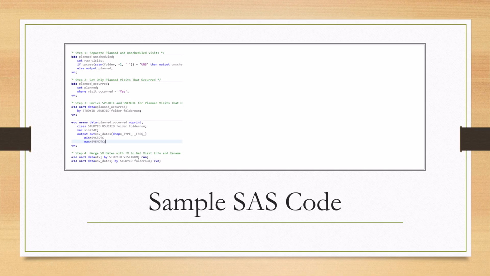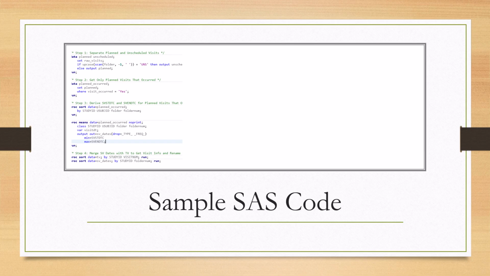Generating the SV dataset involves a few steps which we might need to consider. I would like to reiterate that the raw underscore visits dataset which I'm using in my SAS code has all the information of all the dates and visits which have happened across all the modules, or which have been collected for this study.